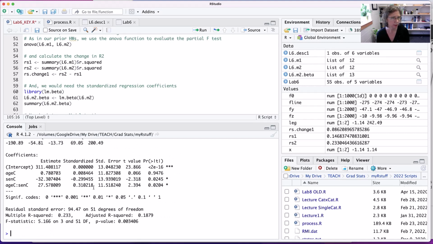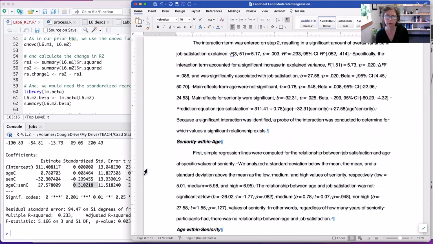And the beta for the interaction term is 3.1. I did 3 decimal points on these, so I'll put 310. I noticed that I did 3 decimal points on these, and if that's gonna have that, no, it's fine.